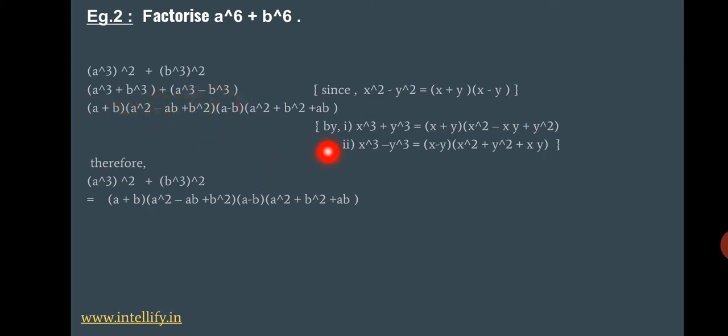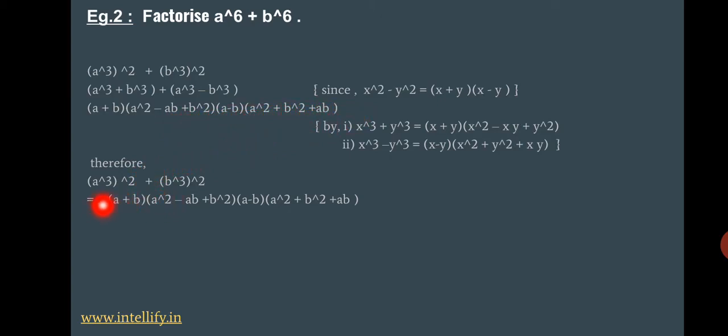And after using these two identities, x^3 + y^3 = (x + y)(x^2 − xy + y^2), and x^3 − y^3 = (x − y)(x^2 + y^2 + xy). So (a + b)(a^2 − ab + b^2)(a − b)(a^2 + b^2 + ab).